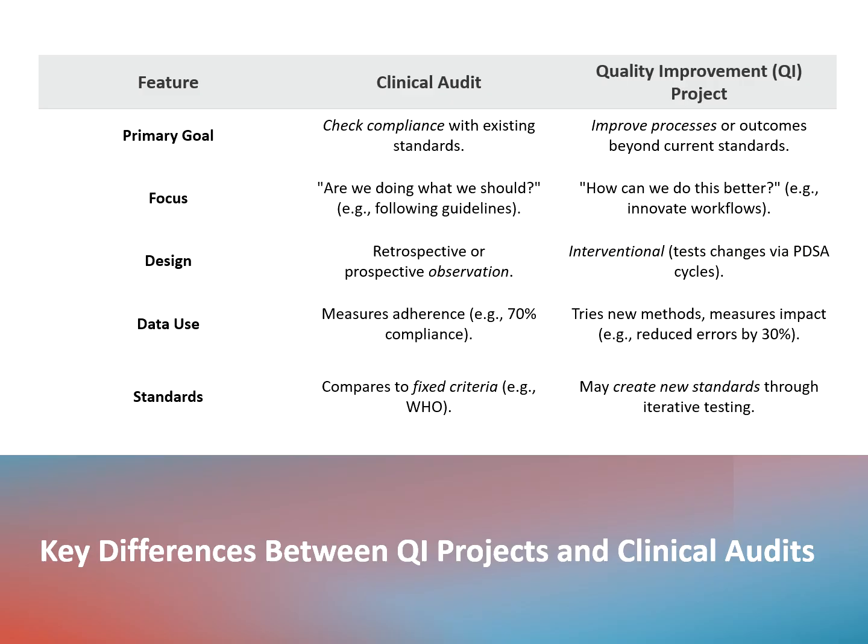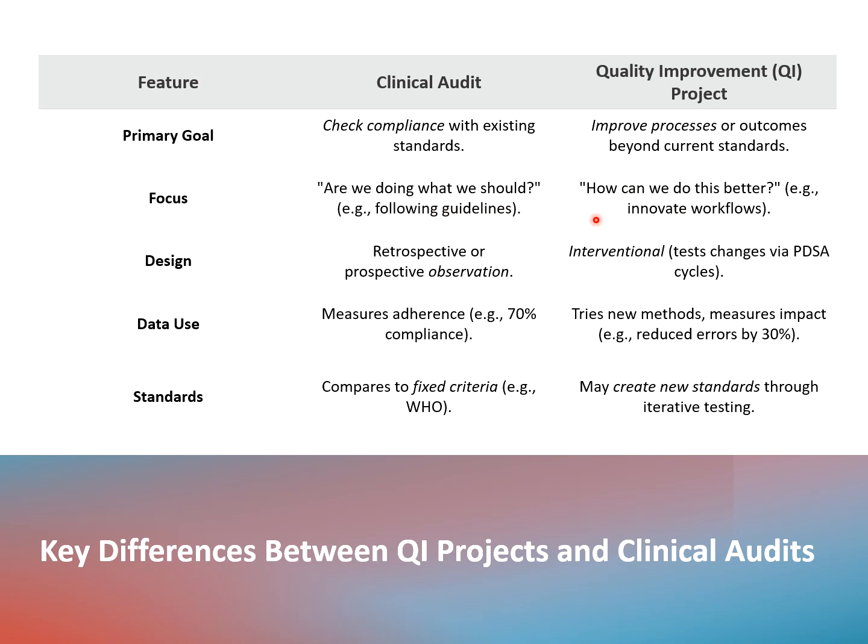Okay. Now, the key differences between a QI project and a clinical audit in a detailed way. The primary goal of clinical audit is to check compliance with the existing standard, while a QI project improves processes or outcomes beyond the current standard. The focus of CA is, are we doing what we should, for example, following the guideline?